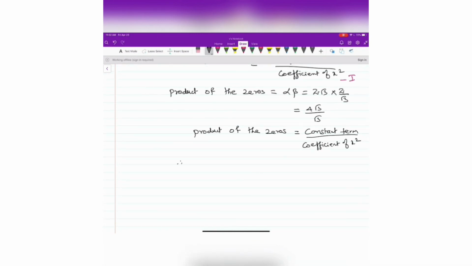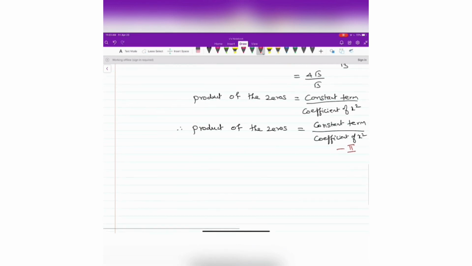Therefore, we have verified the product of the zeros is equal to constant term by coefficient of x square. So the result we have verified now, let me take it as 2. Of course, we have to write the answer for the second part of the question.